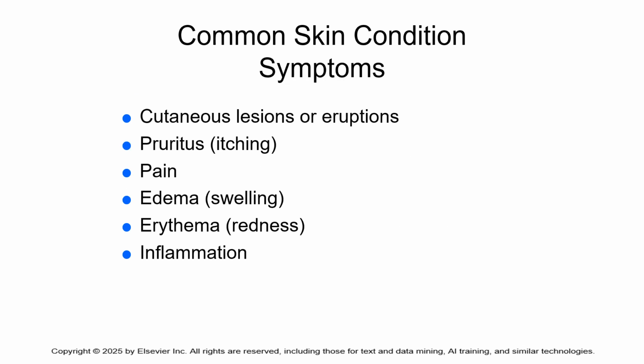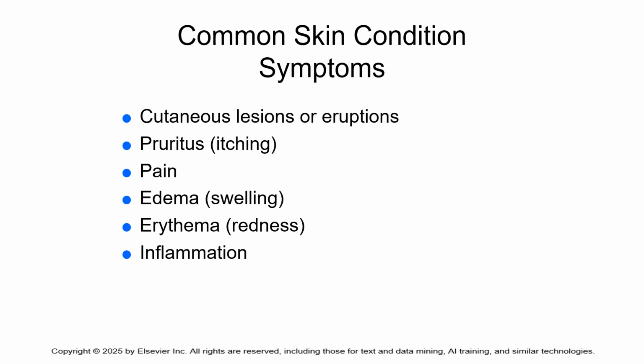Some additional terms are cutaneous lesions or eruptions on the skin. Pruritus is itching, pain. I think you have that one already. Edema is swelling. Erythema is redness. Inflammation will show some erythema, for instance. And then inflammation has not only the redness, but it shows swelling.